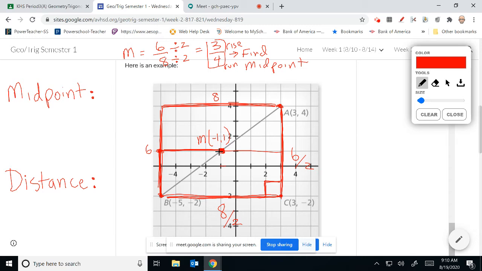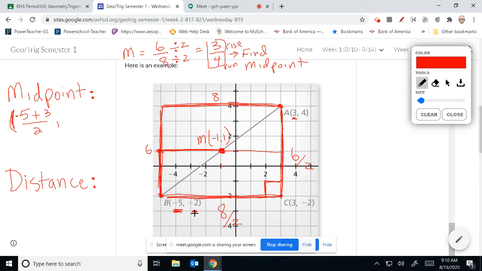Let's look at the distance now. So the midpoint, I said you could do your rise and run, but you could also do the formula. I want to show you the longer way too. You could have taken the two x numbers, -5 and +3, -5 plus +3, and divided it by 2 to find the middle of them.